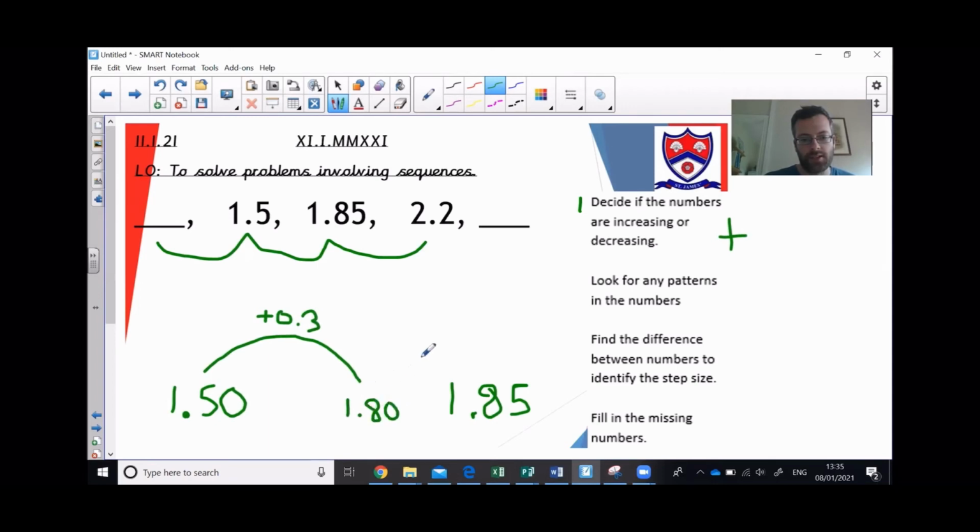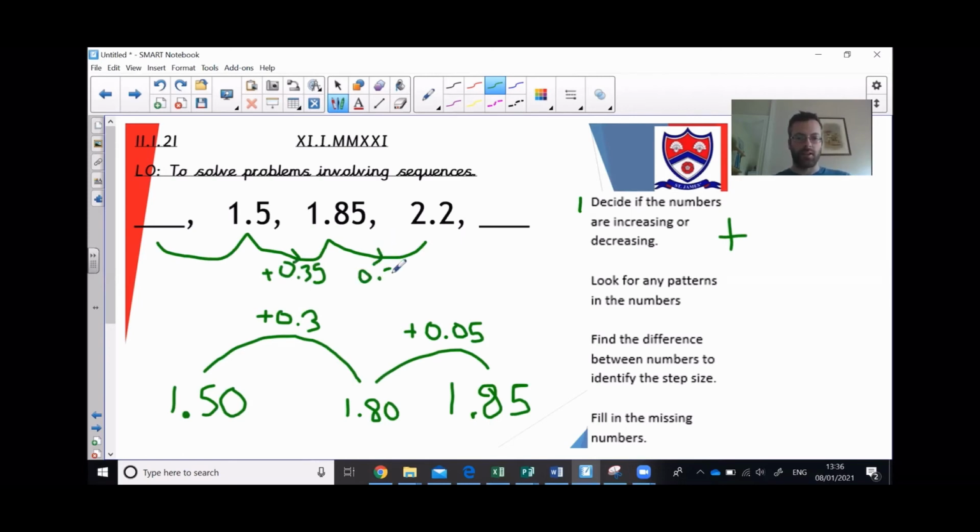And then I've got to add another 0.05. And that will get me to 1.85. So I'm pretty sure I'm adding 0.35. I'm not counting that as a mistake, it was just a minor slip. So then on this one, I also need to add 0.35.